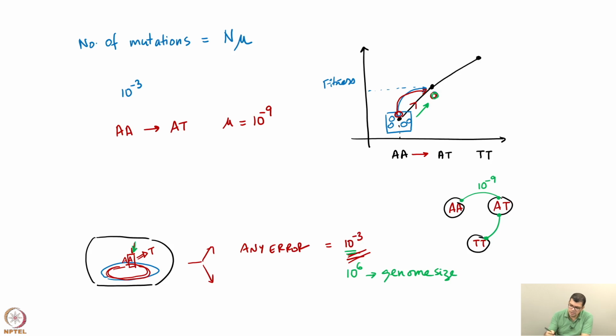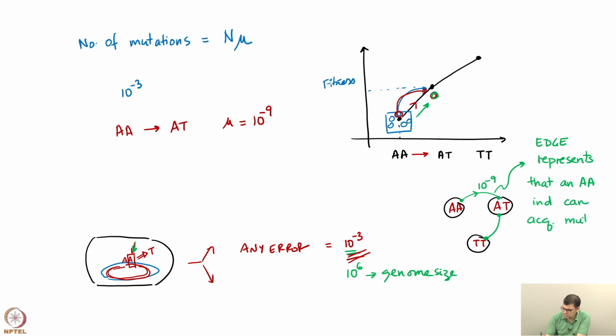But this is possible, and this is possible via acquisition of just one mutation, hence we connect this. So, the connection here, this edge represents that an AA individual can acquire mutation to become AT.